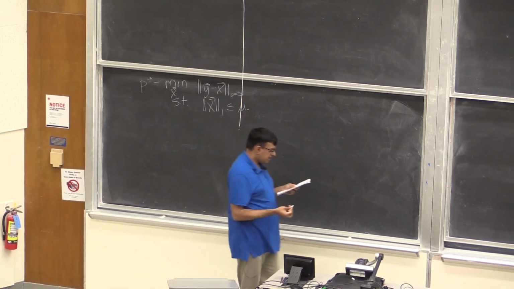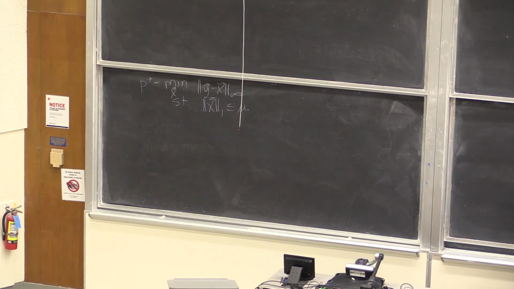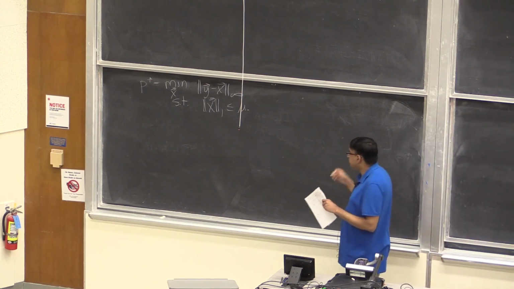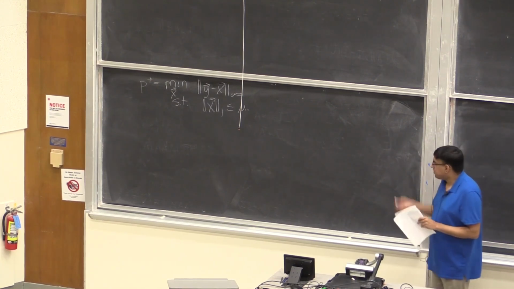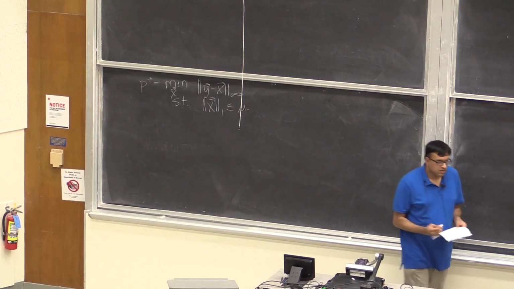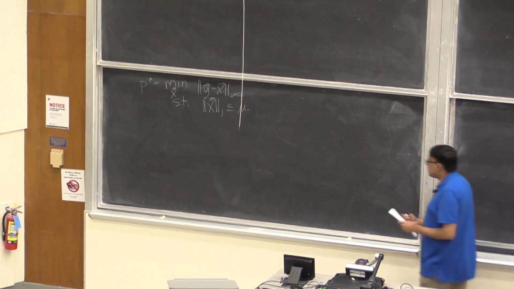Y is fixed, and x is the variable you optimize over. For convenience, we assume the one norm of y is greater than mu, because otherwise you could just set x equals y and get the optimal value of 0.